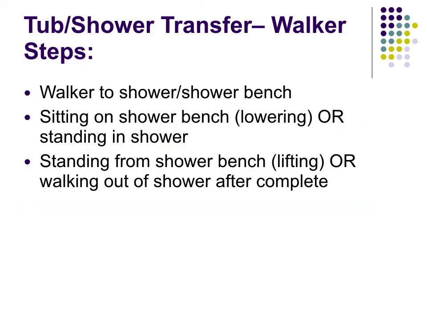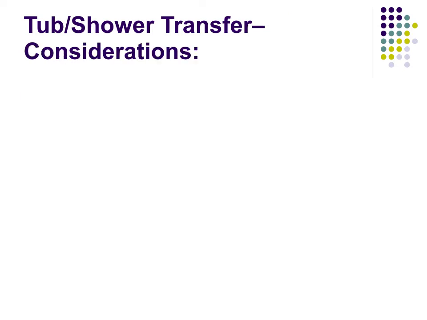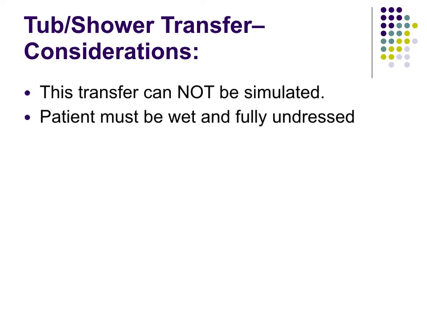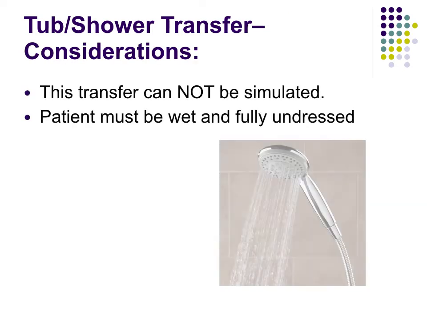When you're looking at this from a walker standpoint, the patient would walk into the shower with the walker and sit on the shower bench or stand, then stand from the shower bench or walk out of the shower after they're finished.